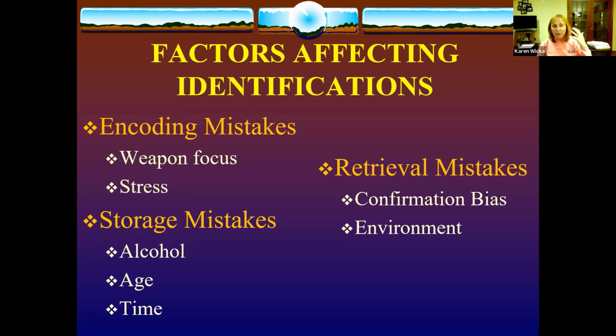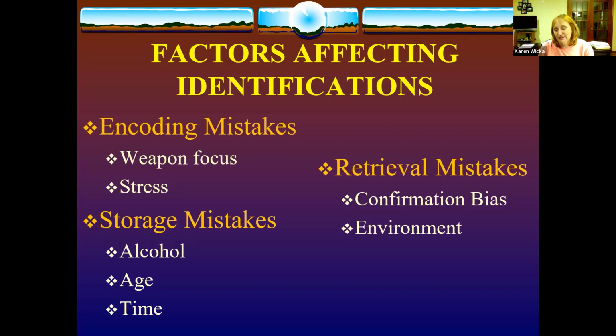Storage, we know once it's stored there, if there's alcohol involved, if it's a super young person, if it takes a long time, that can affect our memory that's stored in our brain. And then retrieval mistakes. We could have what's called confirmation bias. Somebody tells us something and confirms that we're right, and then we just believe that we're certain.